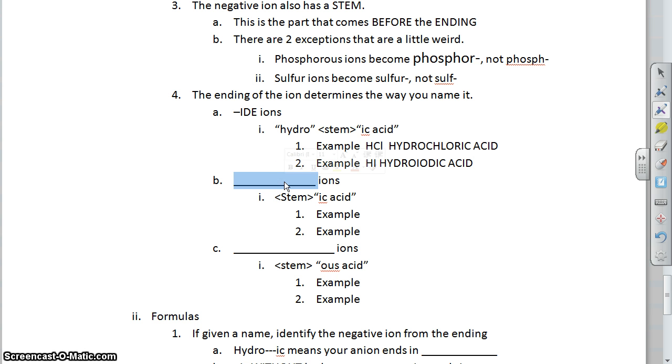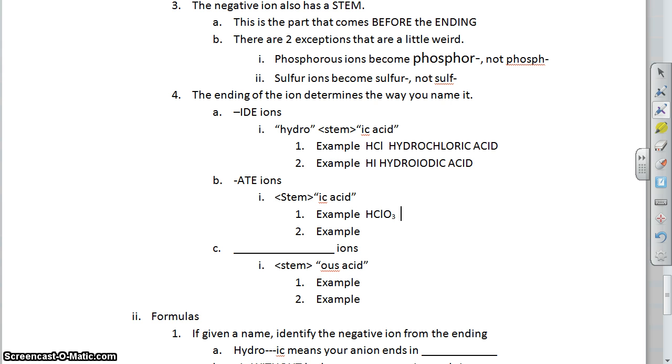To do ate ions, ions that end in ATE, it's exactly the same thing without the hydro. So if we have HClO3, that is an acid. It starts with H, and then the ion there, ClO3, you'll know it or you'll look it up, and you'll say, well, that is chlorate.